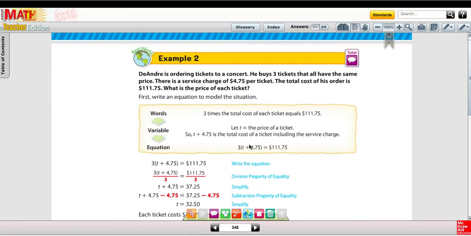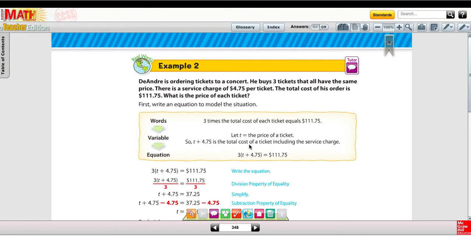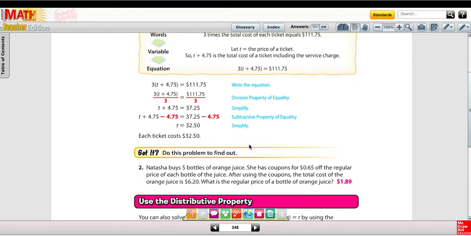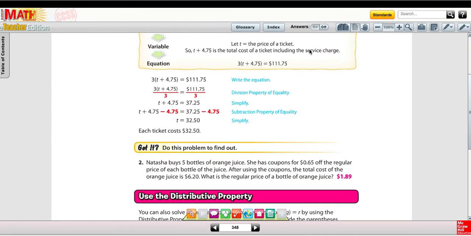348. At the top of the page, we're translating a story problem into an equation. Okay, so what we have here is 5 bottles of orange juice, and then she has a coupon for 65 cents off the regular price of each bottle of juice. And then after using the coupons, the total cost is $6.20. What's the regular price of a bottle of orange juice? So that's our x or our j or whatever variable you want to use.